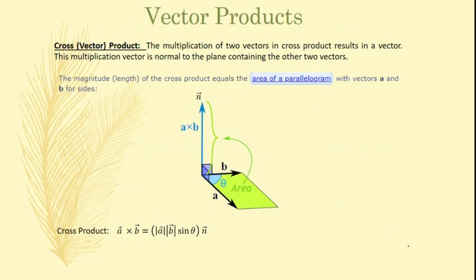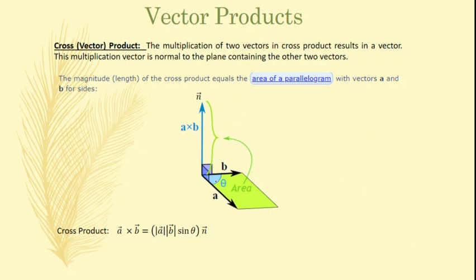Now what is the cross product? In case of the dot product we get a scalar quantity, but in case of the cross product we get another vector, and the direction of the vector is normal to the area which is containing the two vectors.